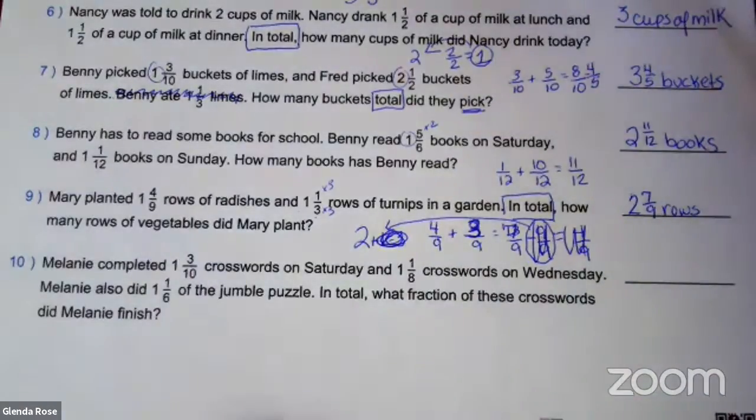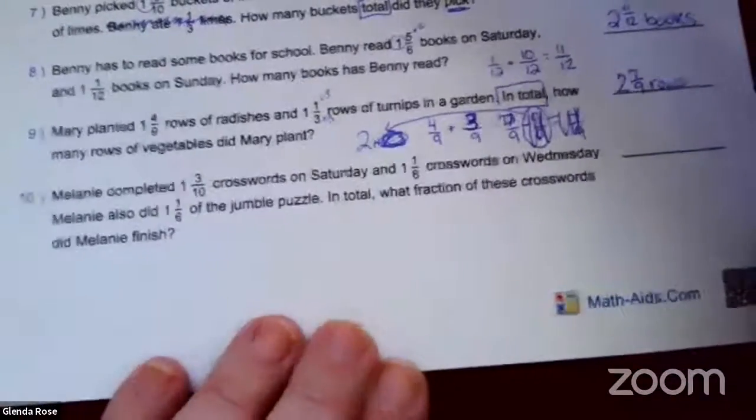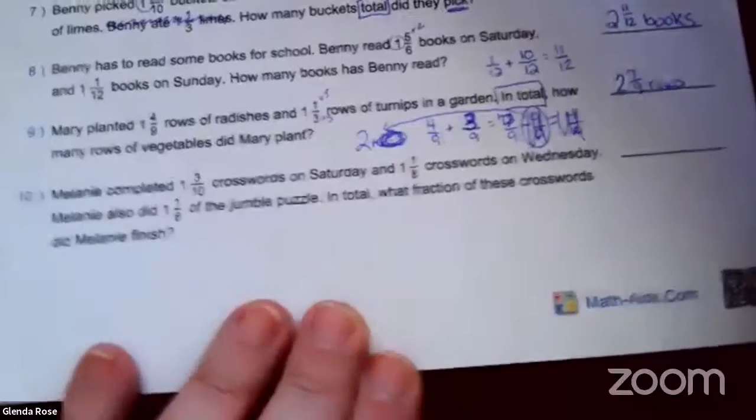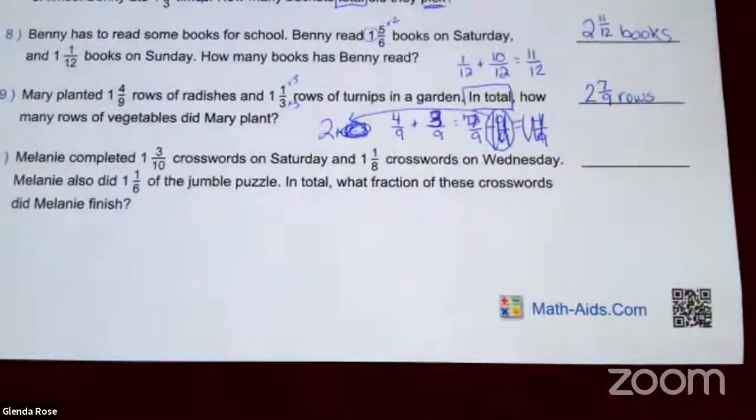Okay, last one. Melanie completed 1 3/10 crosswords on Saturday and 1 1/8 crosswords on Wednesday. She also did 1 1/16 of the jumble puzzle. In total, what fraction of these crosswords did Melanie finish?